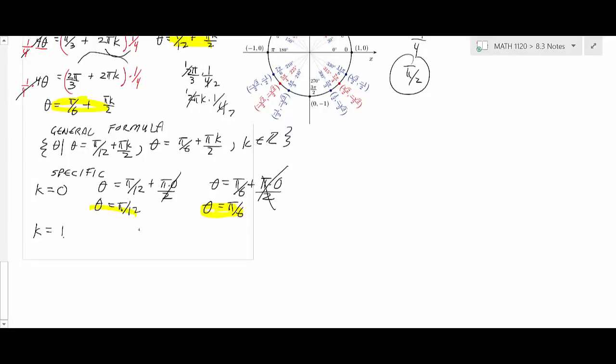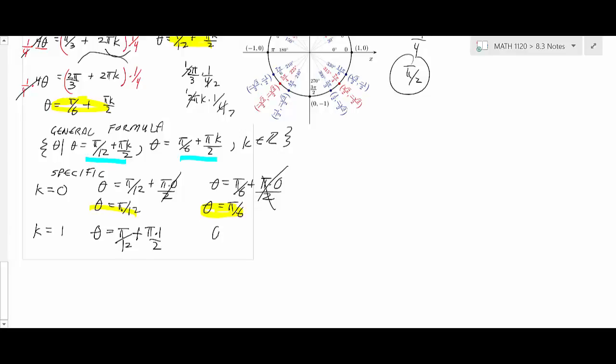Now we go to k is 1. Remember, we're looking at this formula and that formula right there. That's how you get the next set of answers. So now theta is pi over 12 plus, this time let k be 1, so plus pi times 1 over 2. You've got to work that out.